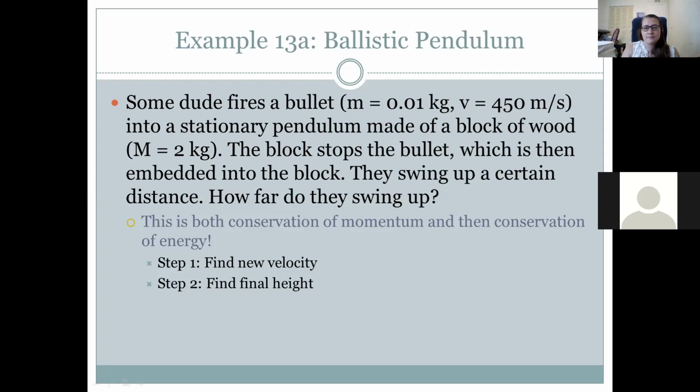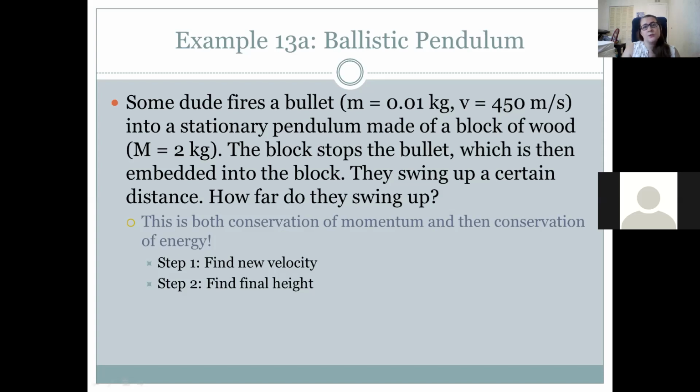So that term goes away. We get a final velocity of 2.24 meters per second. So that was step 1.